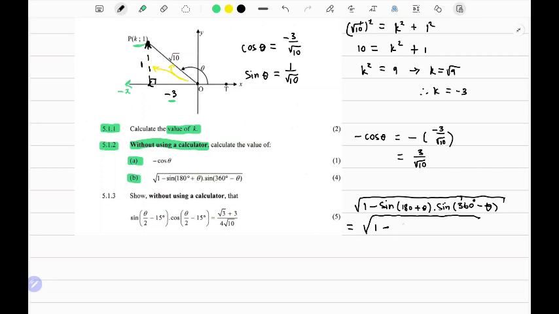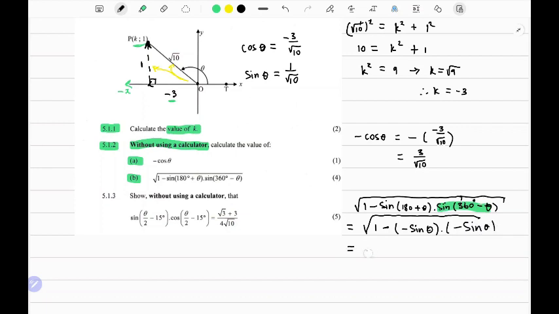Sine is negative in the third quadrant, so this is minus sine of theta, into, and sine is also negative in the fourth quadrant, so we can write this as negative sine theta.